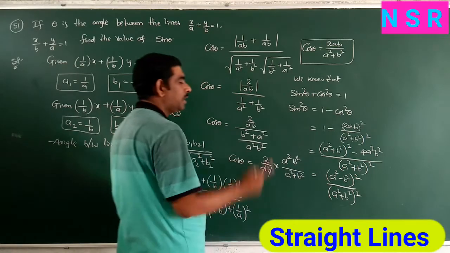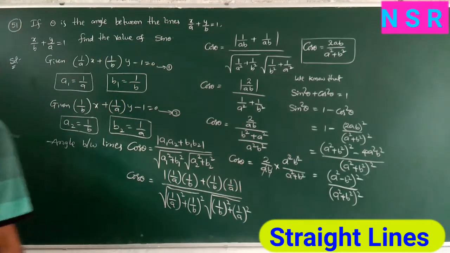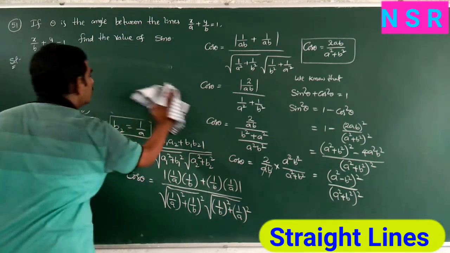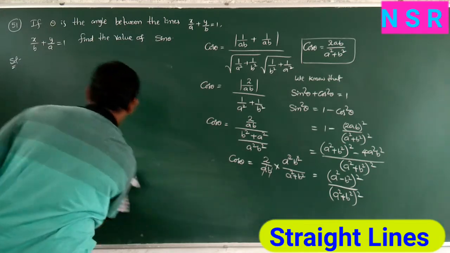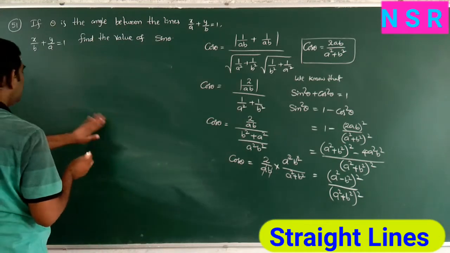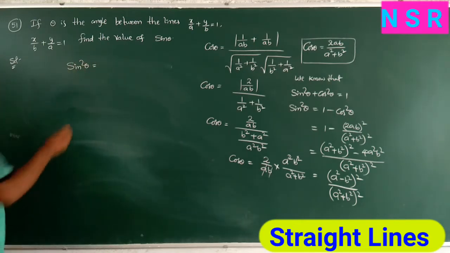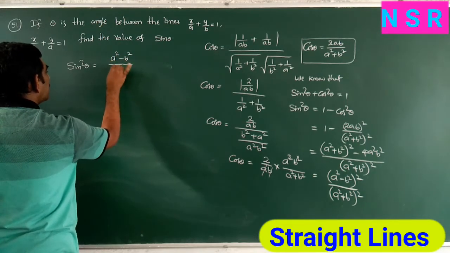So both numerator and denominator we have square. Now write here sin square theta equal to, we get (a square minus b square) whole square by (a square plus b square) whole square.